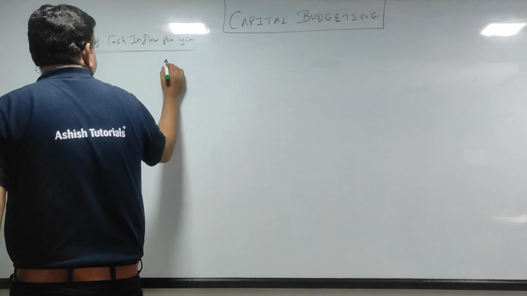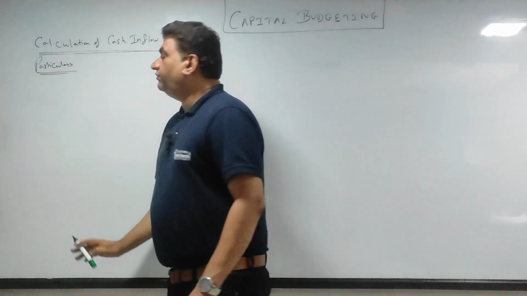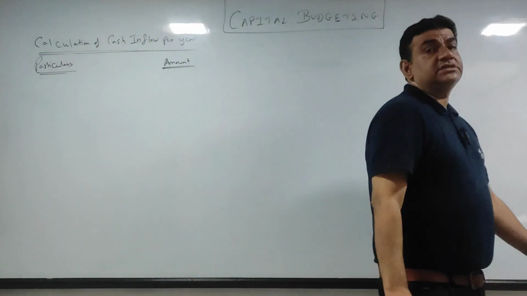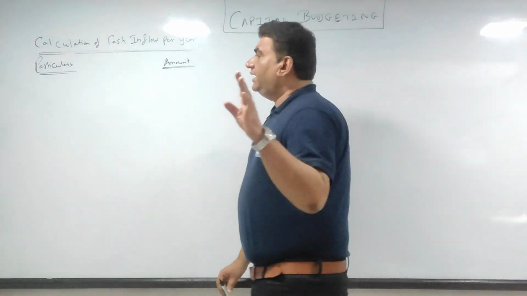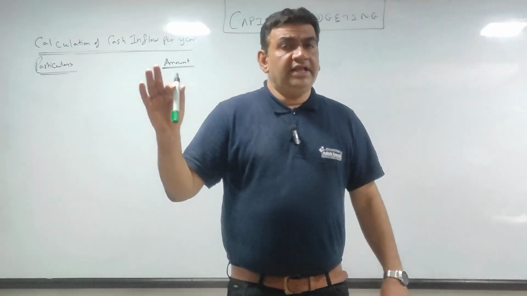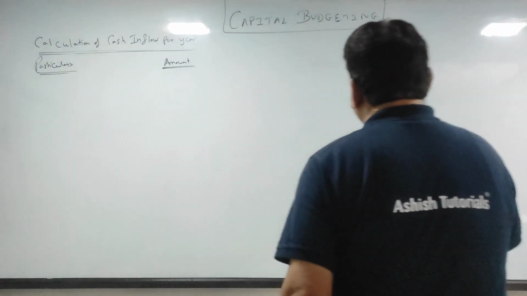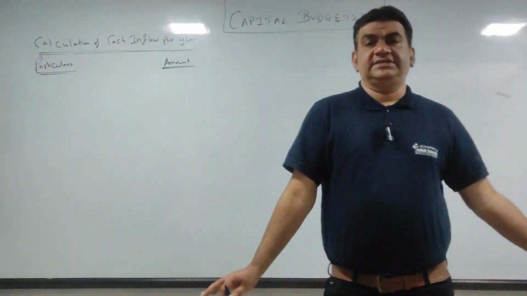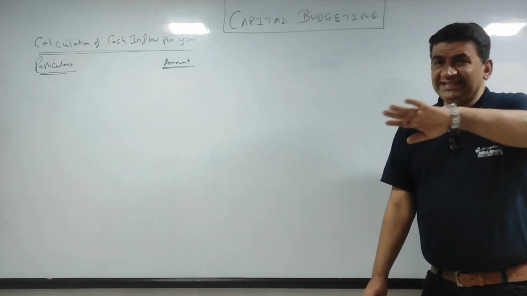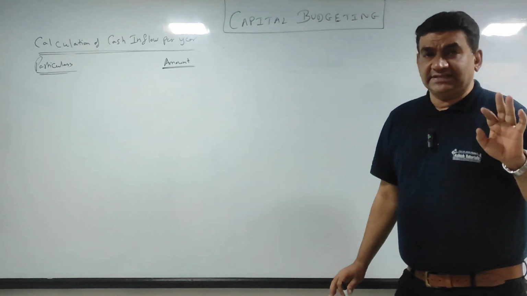Particulars and single column of amount. Now, in majority of the sums, they will give you net profit. That net profit may be before or after depreciation. As I told you, being the first session and this video being open, I am making it very basic.